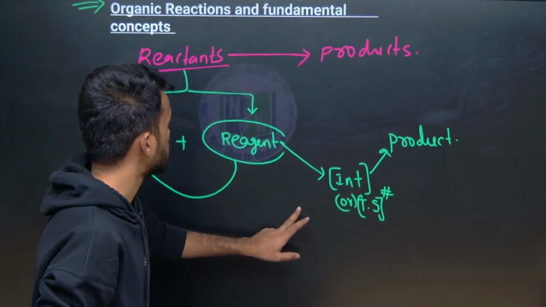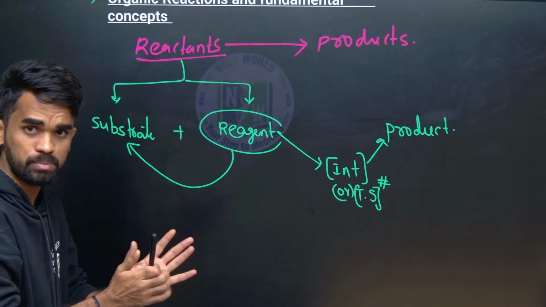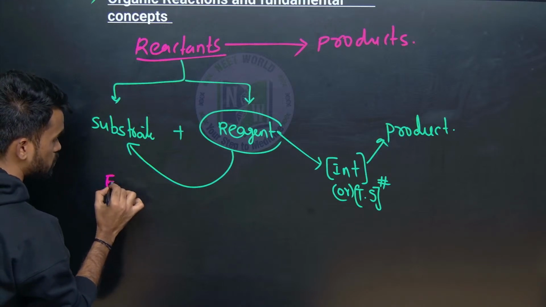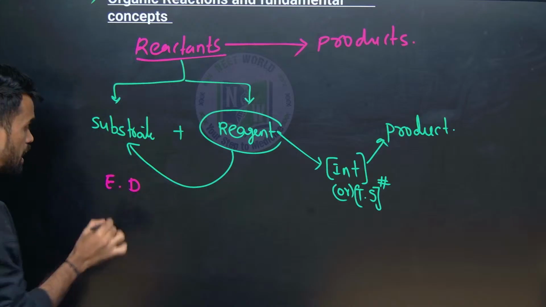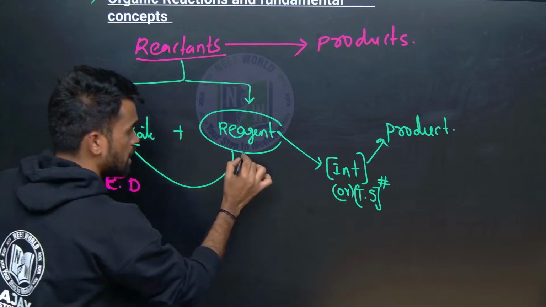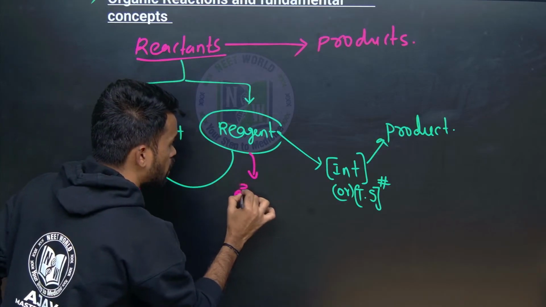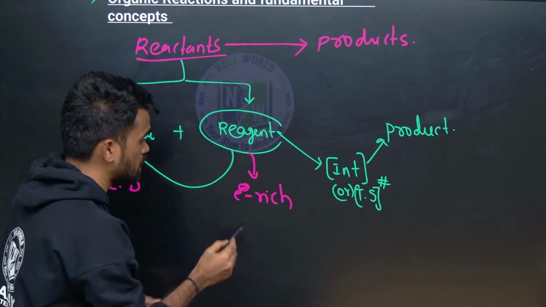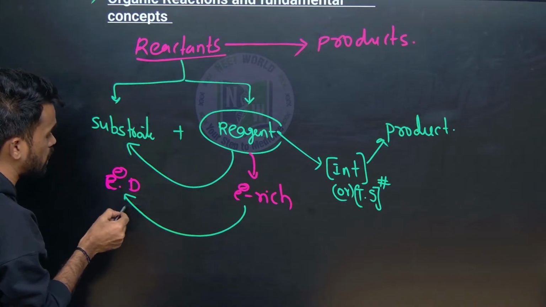Now look here, this reagent again depends on two types. If the substrate is electron deficient, our reagent will generally be electron rich. So this electron rich species will come and attack this electron deficient site.